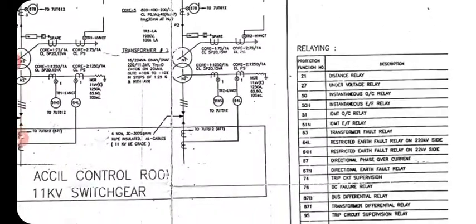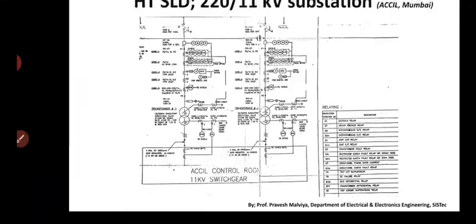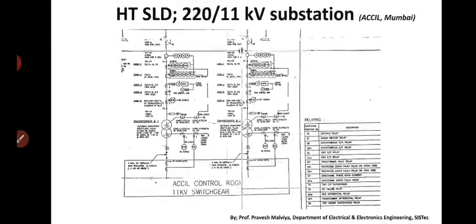For example, distance relay. What is a distance relay? A distance relay shows the distance where the fault has occurred. Under voltage relay operates when the voltage is under some prescribed limit. And over current relay, earth fault relay, all these are the protective relays for our entire system.